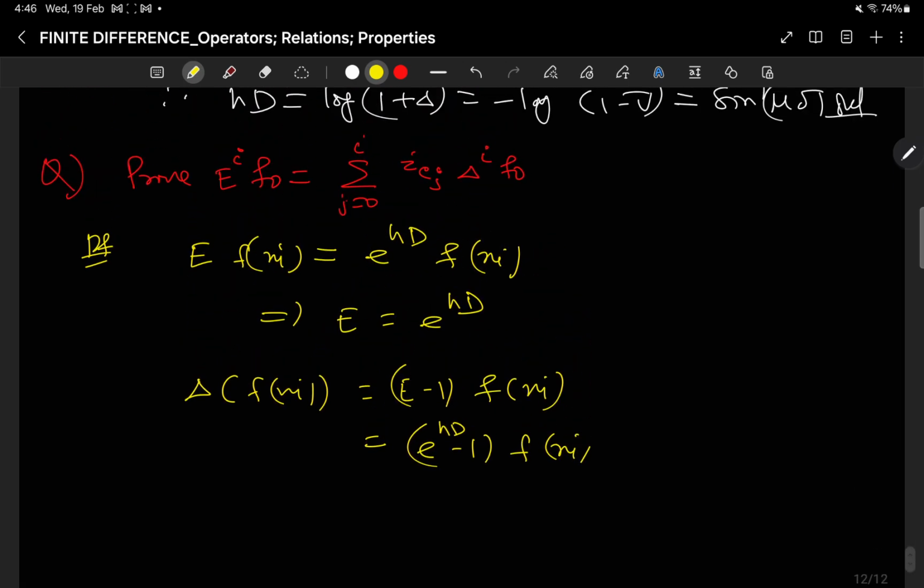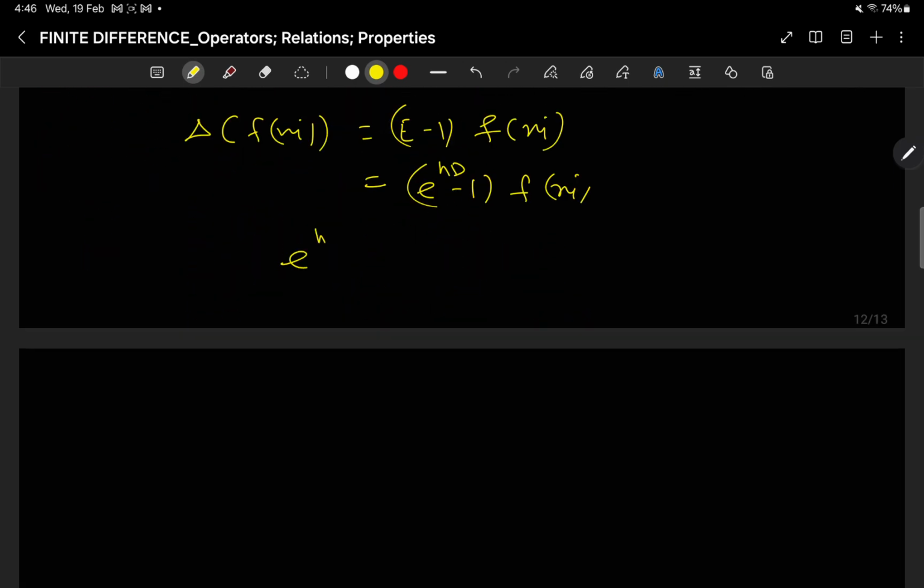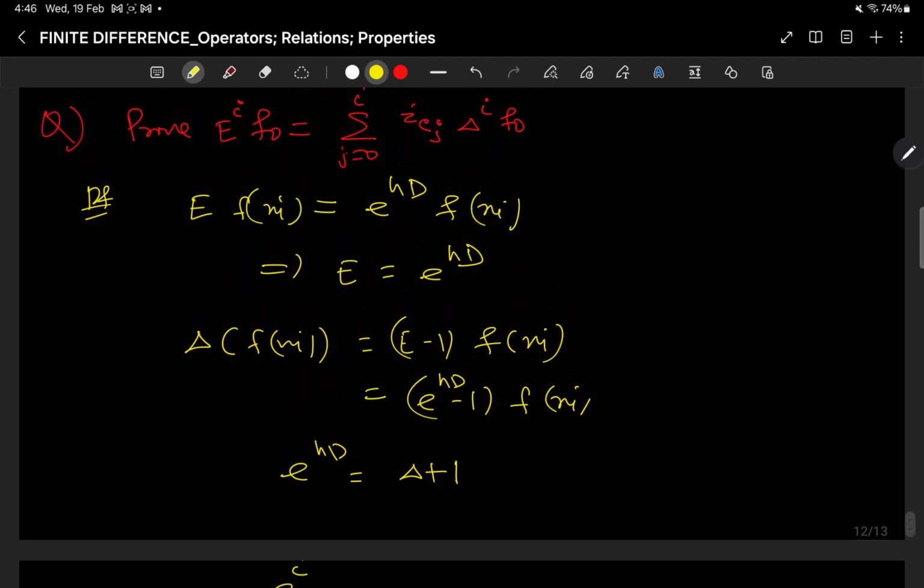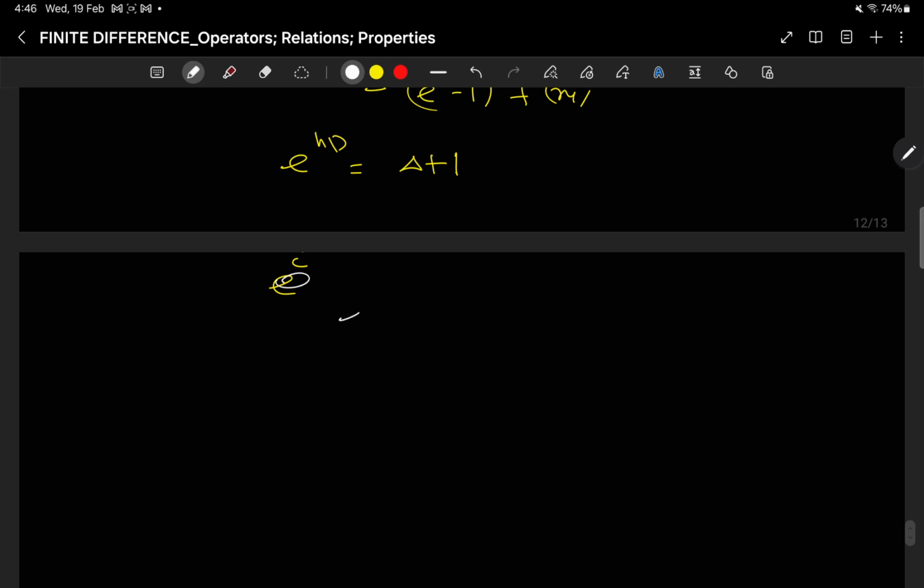So this implies e to the power hD is equal to delta plus 1, we have already seen it. In this way, one more thing I can write here. Likewise, if I ask you E to the power i, it will be e to the power ihD. Similarly, e to the power ihD is (delta plus 1) to the power i.